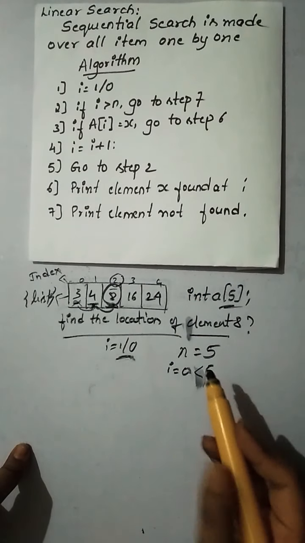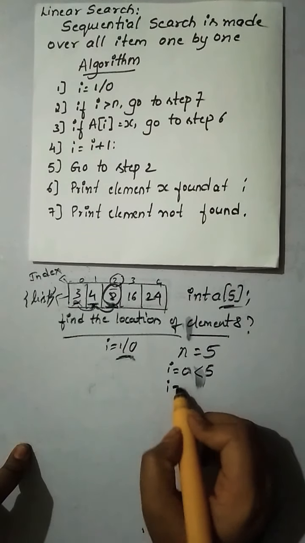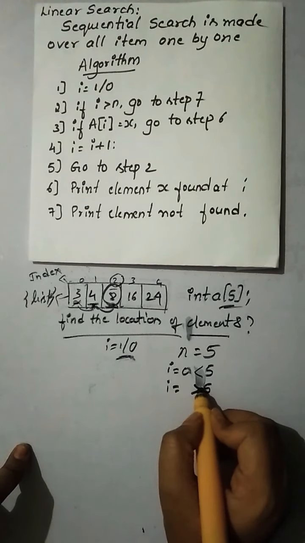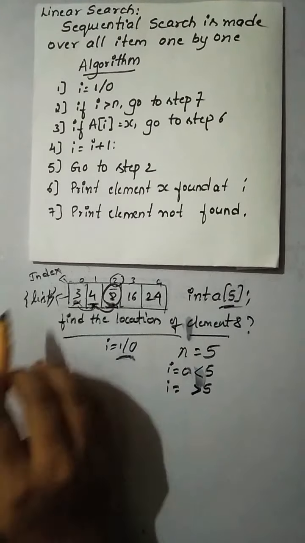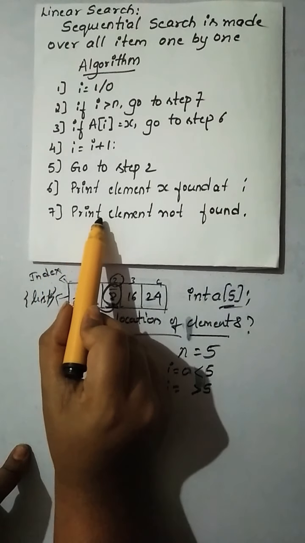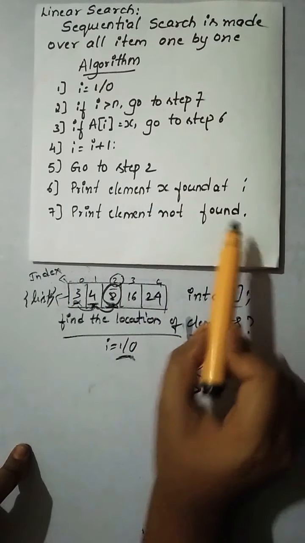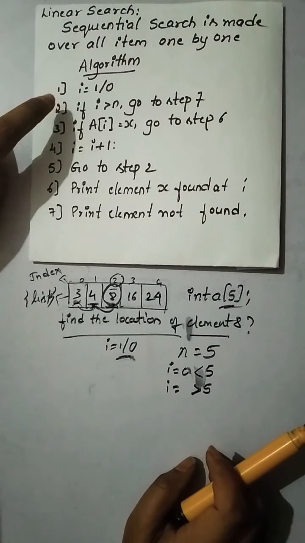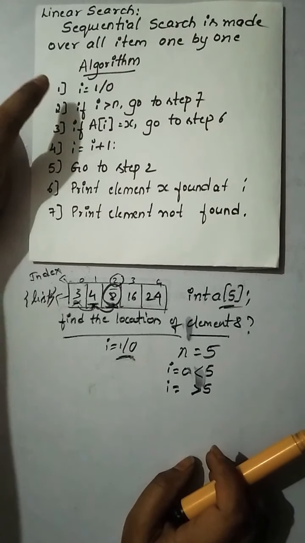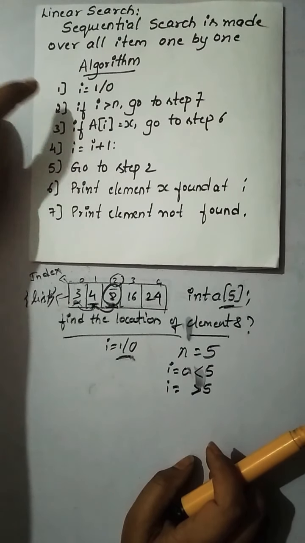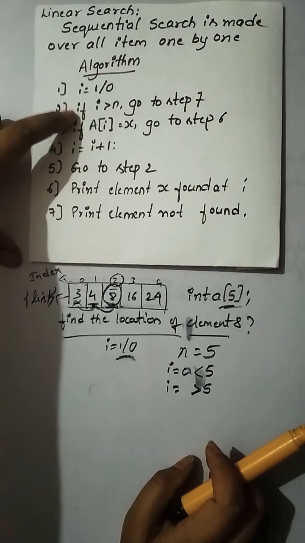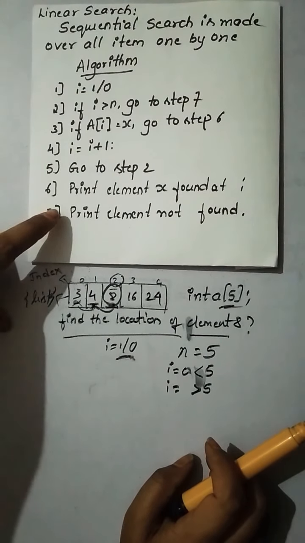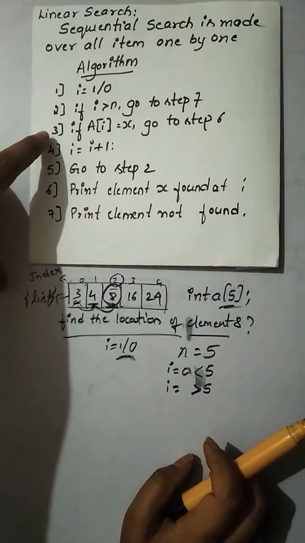If the index I is greater than 5, then we go to step 7 and print element not found. This condition is false, so we are not going to step 7. We are coming to step 3.